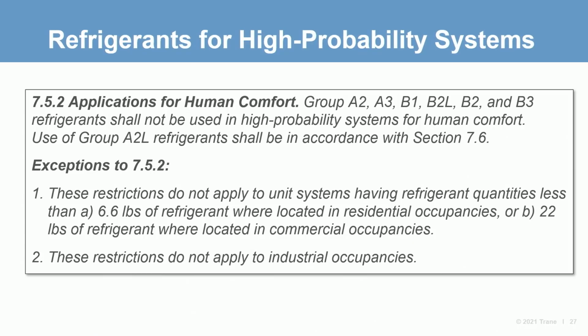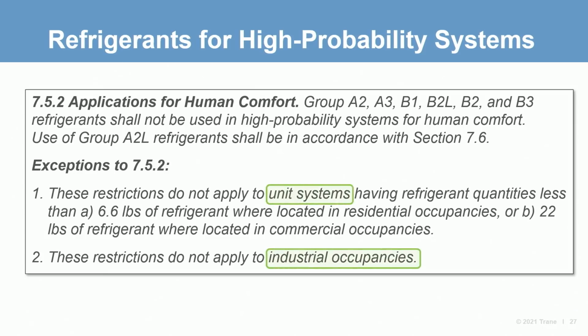Next, the standard prohibits A2, A3, B1, B2L, B2, and B3 refrigerants from being used in a high probability system for human comfort. Now, that leaves only A1 or A2L refrigerants to be used in this application.